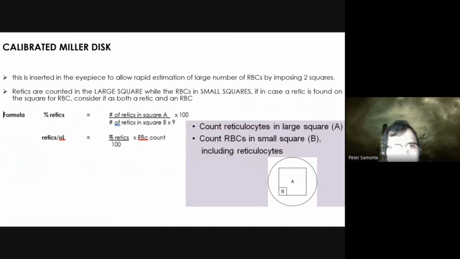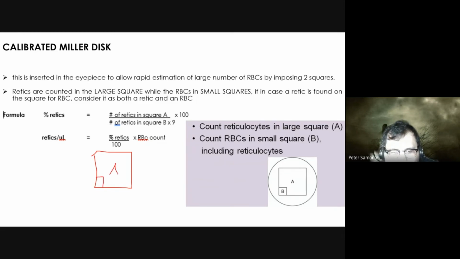Now let's proceed to your calibrated Miller disc. So this is inserted in the eyepiece to allow rapid estimation of large numbers of RBC by imposing 2 squares. So dito class, you would have your calibrated Miller disc. Isa-slide nyo siya sa eyepiece. Now, it would look like a large square and meron siyang small square.